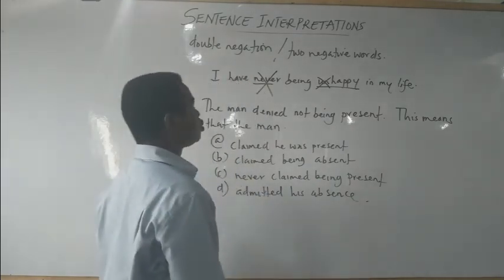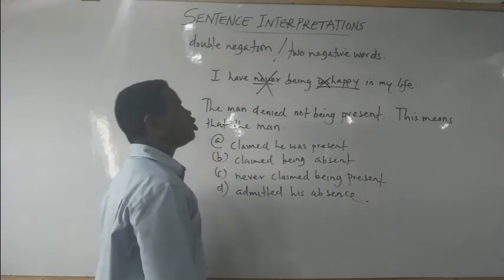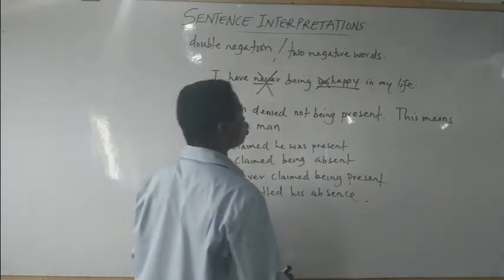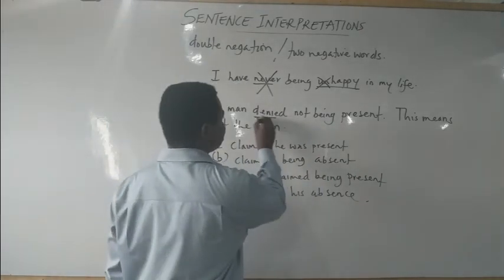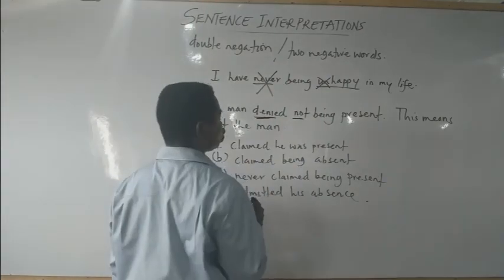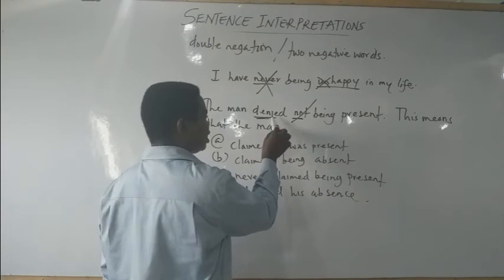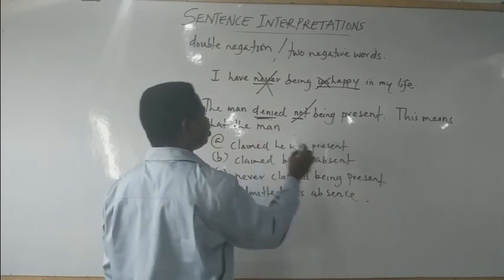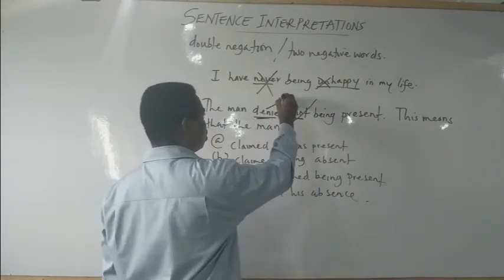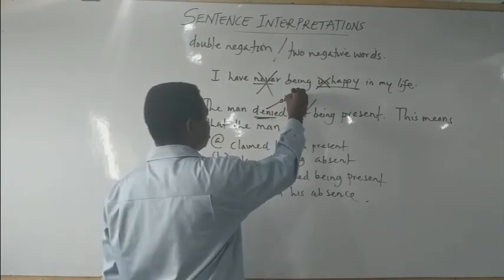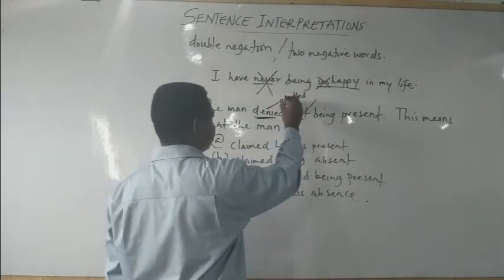So we call it what? Double negation. The two negative words are denied and not. So the two will cancel out. Not will go. Then denied, which has a negative meaning, will now change to a positive meaning, which is admitted or claimed.